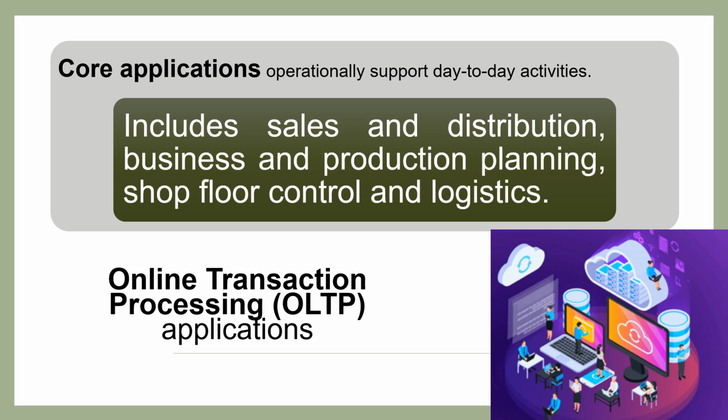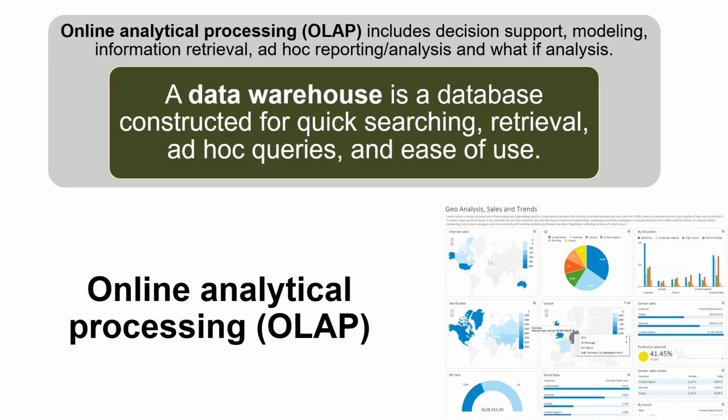All of the application transactions, like accounting software, human resource software, marketing software, and other software like manufacturing and production, are handled and processed by the online transaction processing applications, OLTP.